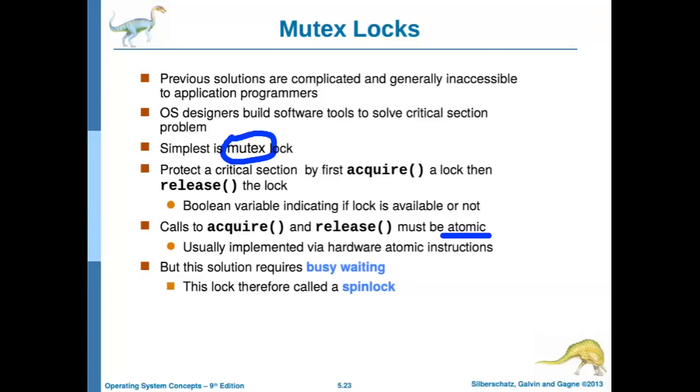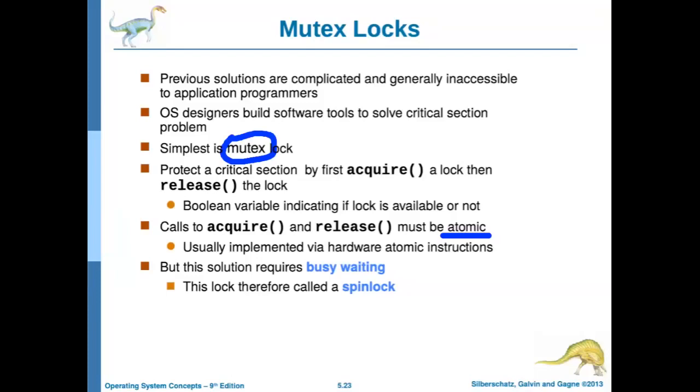Maybe they use different hardware atomic instructions, but the only difference is that rather than providing access to the hardware instructions directly to the application programmer, these acquire and release Mutex locks will be implemented by OS designers, and they will be available as a software tool to the application programmer. So a kind of abstraction is given here.